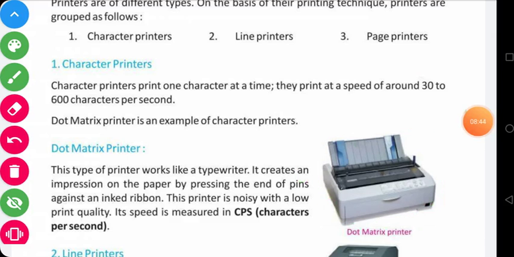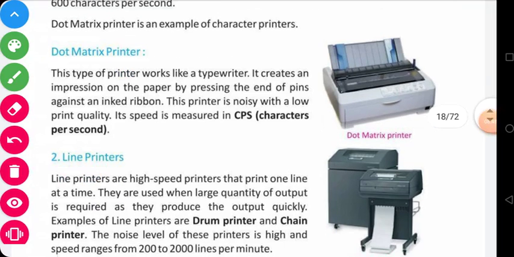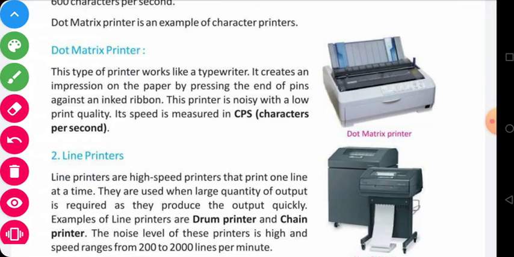This type of printer works like a typewriter. It creates an impression on the paper by pressing the pins against an ink ribbon. This printer is noisy with low print quality and its speed is measured in CPS, that is, characters per second.